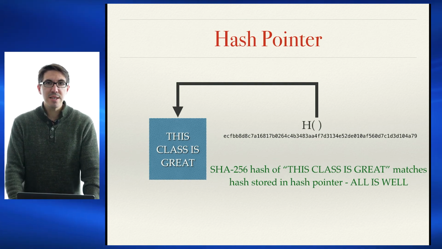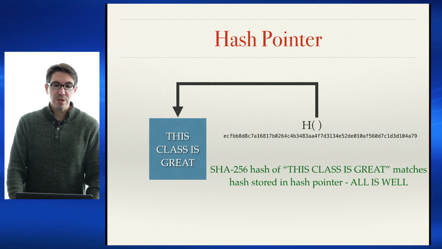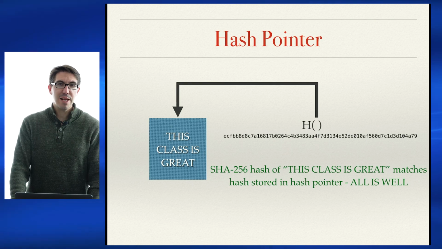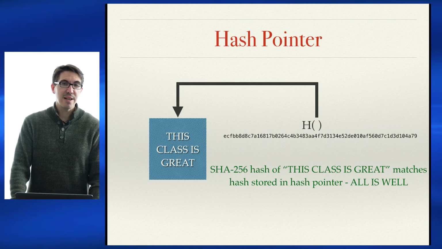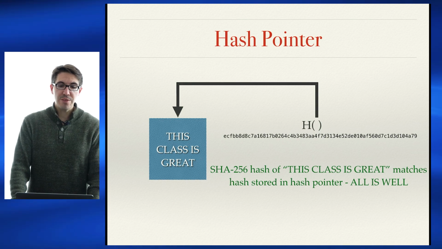So here we can see a graphical representation of a hash pointer to a string. This specific string is, in all caps, "This class is great," as I'm sure you'll all agree. The SHA-256 hash of that value is included in the hash pointer.